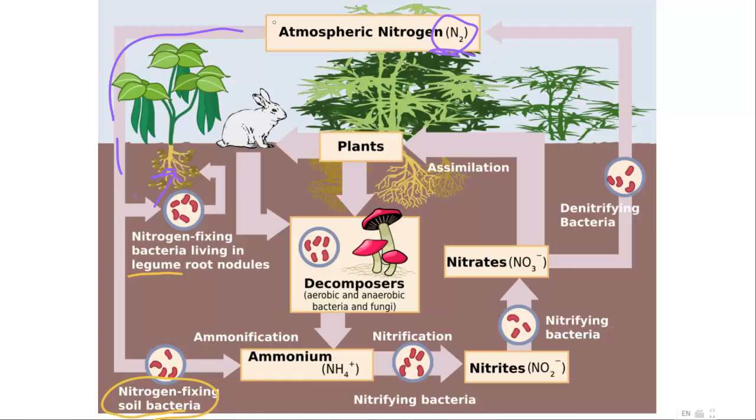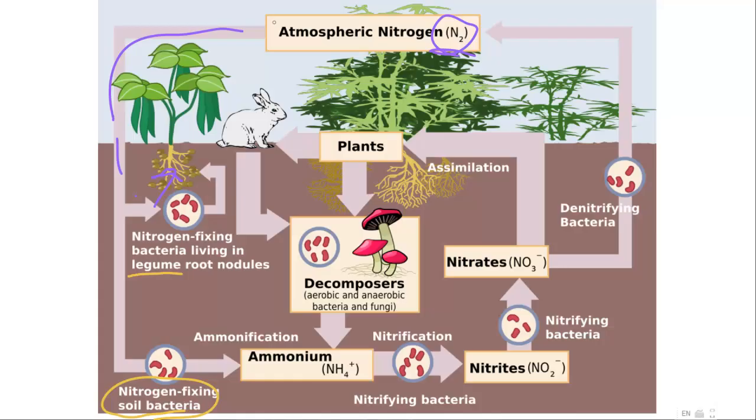You don't really have to remember this, but since we talked about elements and molecules, it might help to know that nitrogen gas is N2 and ammonium is the nitrogen split up and combined with some hydrogen to make the ammonium ion.